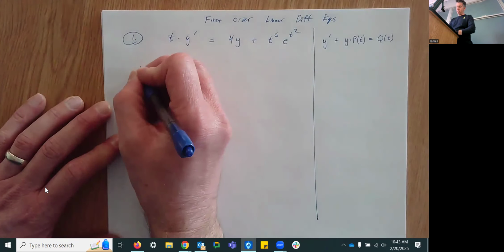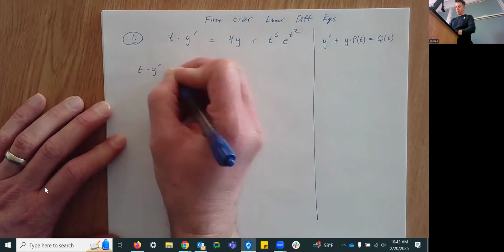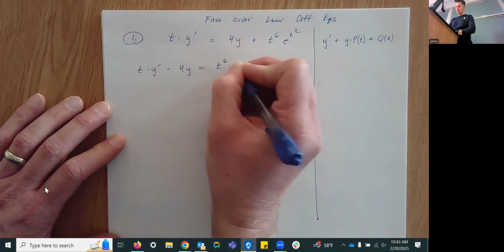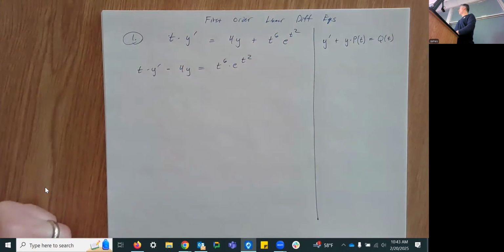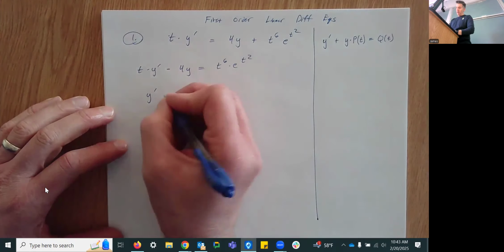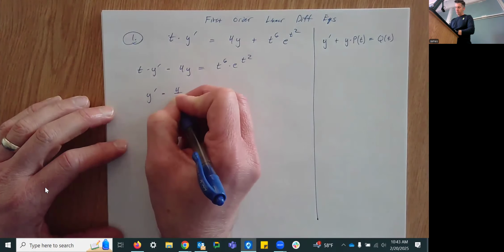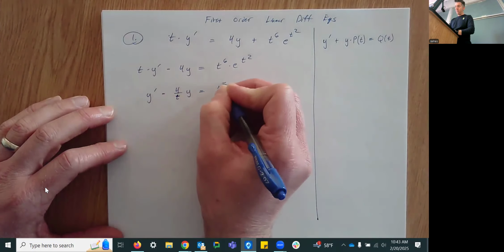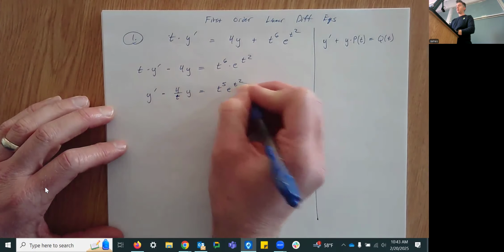So we're going to have t times y prime minus 4 times y equal to t to the 6 times e to the t squared. And we're almost there. We're not quite there. We need y prime isolated, so we have to divide everything by t. So I'm going to write this as y prime minus 4 over t times y equal to t to the 5th times e to the t squared.